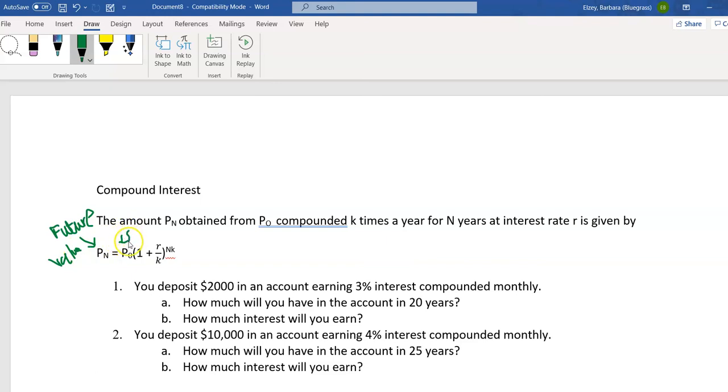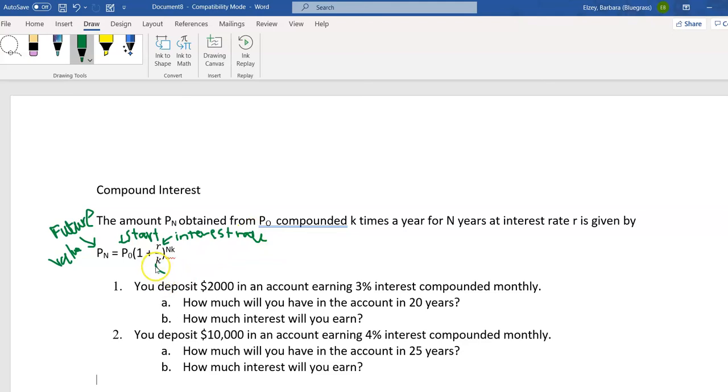So starting value, the amount of money that we start with. And then R, of course, is our interest rate as a decimal. Hopefully you write much quicker and more readable in your notes than I do on here.